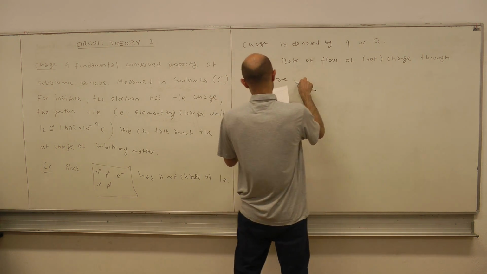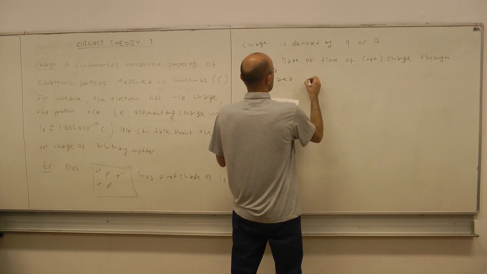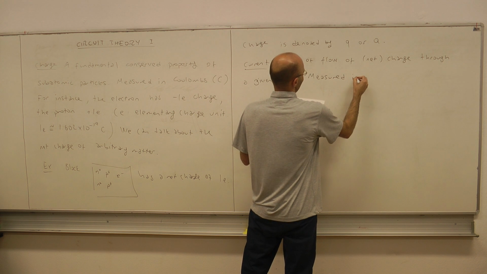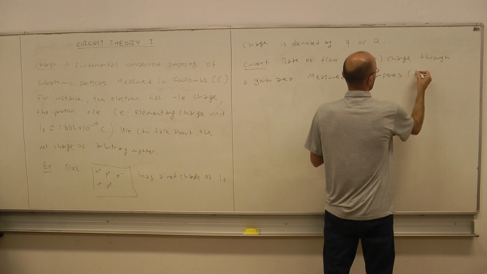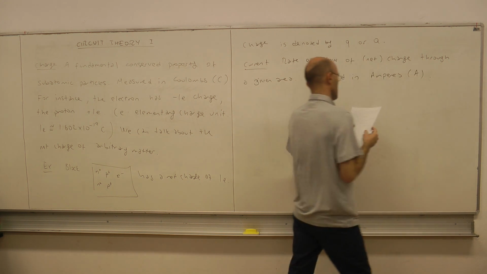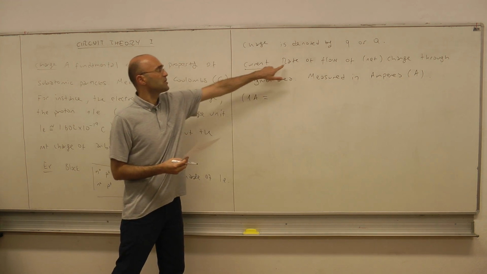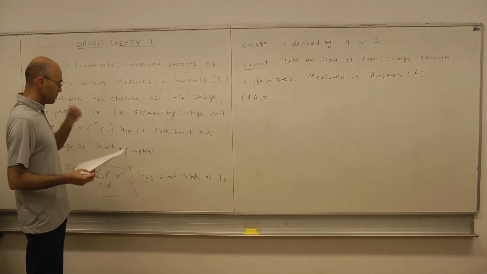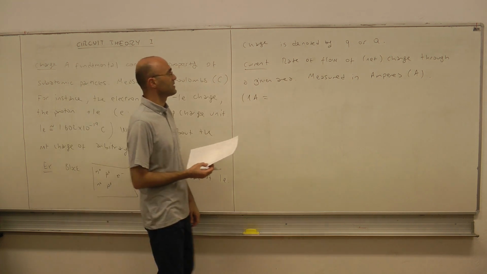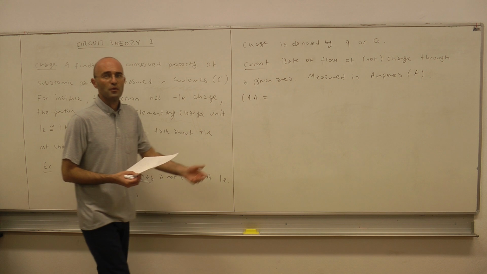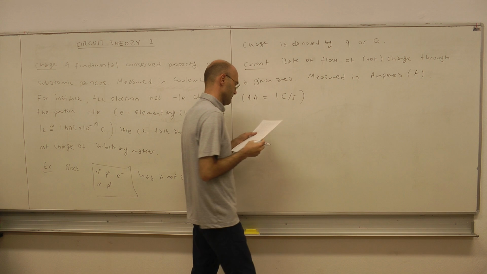It's measured in amps, amperes, denoted by capital A. Therefore 1 A should equal, since current is the rate of change of charge, and charge is measured in coulombs, and time is measured in, for instance, seconds, hence 1 A must equal 1 coulomb per second.